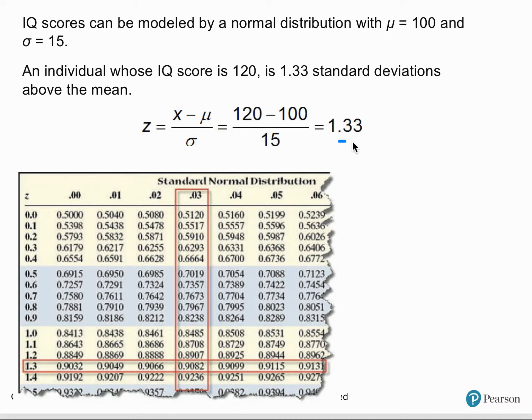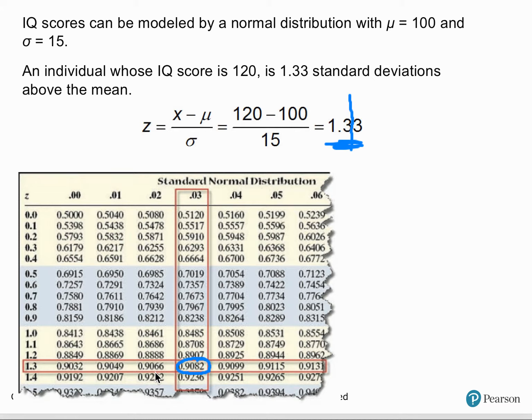And then once you know your z-score, you pull up your standard normal distribution table, and we always round z-scores to 2 decimal places. So we'll look over here until we see 1.3. 1.30, 1.31, 1.32, 1.33, and here we are.